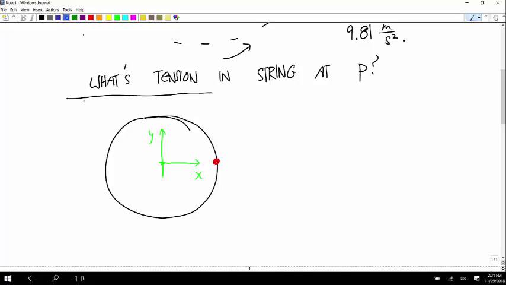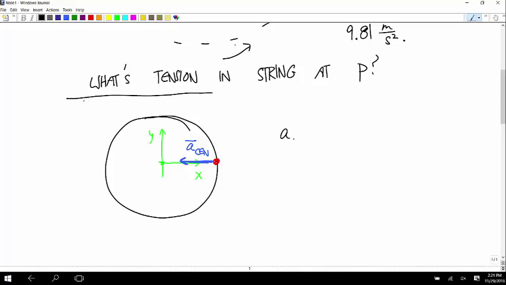The next step is to draw a vector from the point that you care about towards the center. That's the centripetal acceleration. And what do we know about the centripetal acceleration? Well, it's parallel to the x-axis. Is that vector in the positive or negative x direction?